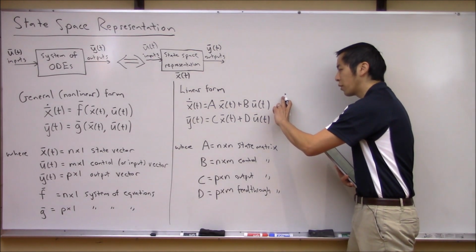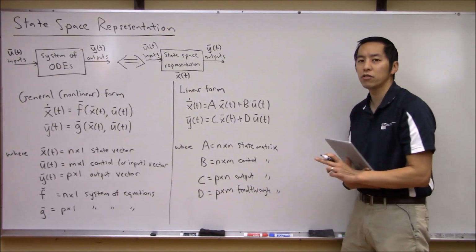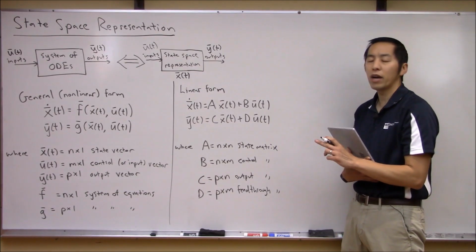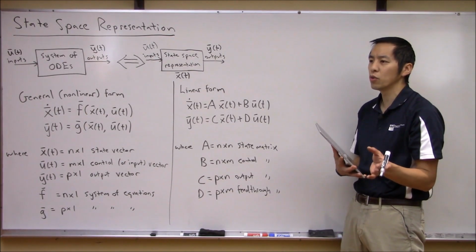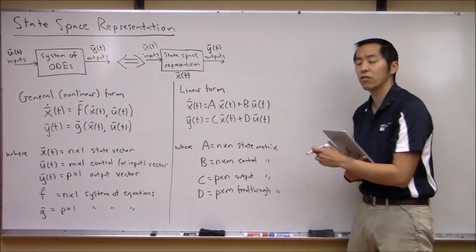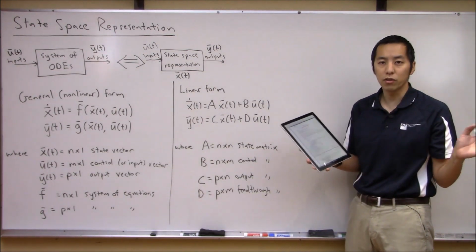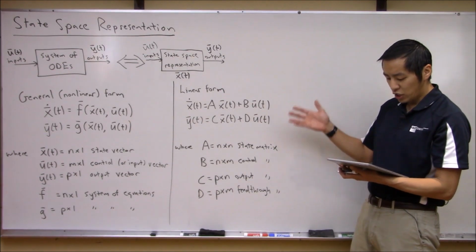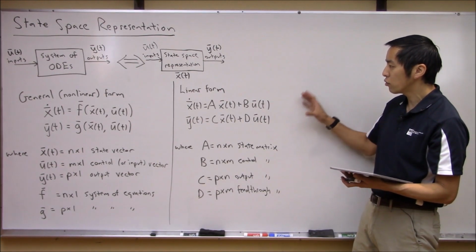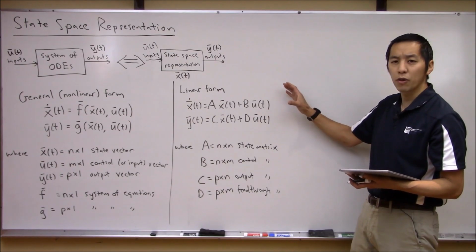We want to focus on this because the linear format is super nice, because if you have a linear state space system, a lot of tools come to bear that you can use to analyze this system in terms of its stability, its performance, and all these other tools become available. So in general, I think this is a good introduction to what a state space format is.